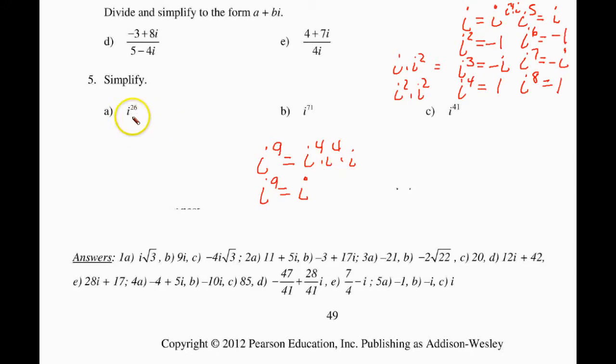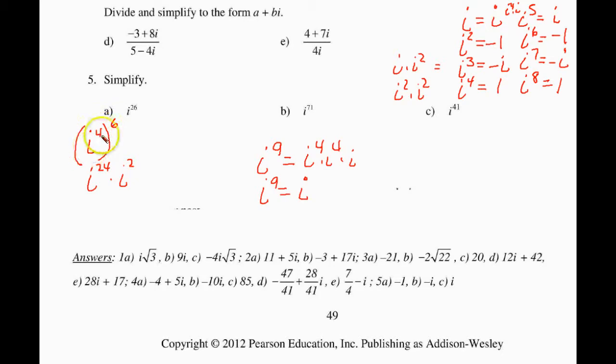So when we go to i to the 26th, and they're saying simplify that, what you are looking for is i to the fourth, which is a 1, raised to the 6th power, which is still just a 1, and this is i to the 24th, and then what do you have left? i to the second, right?